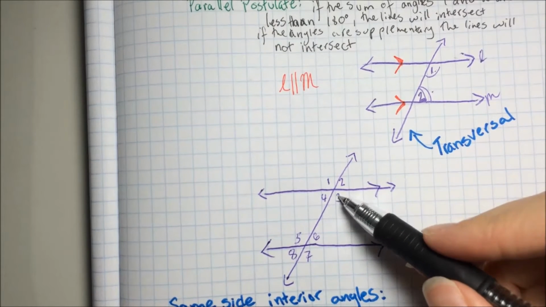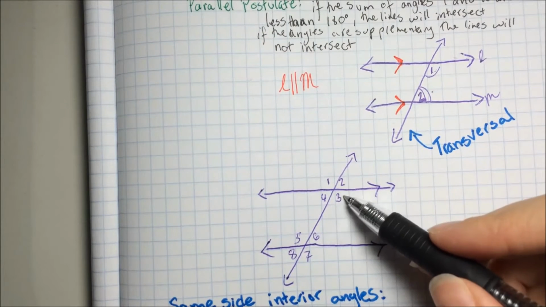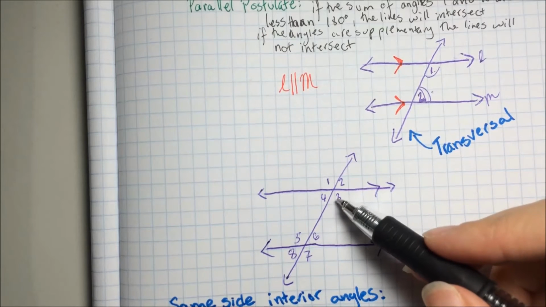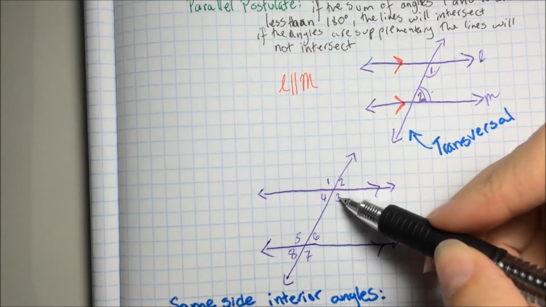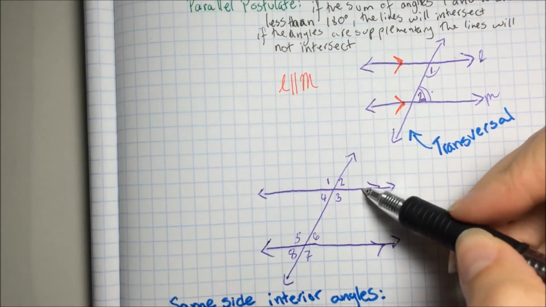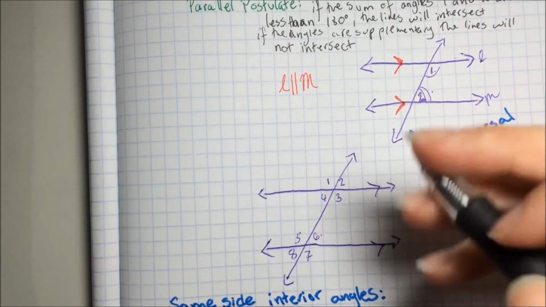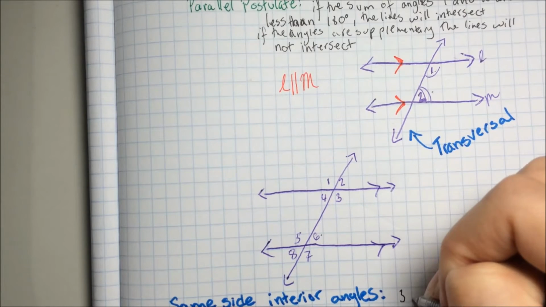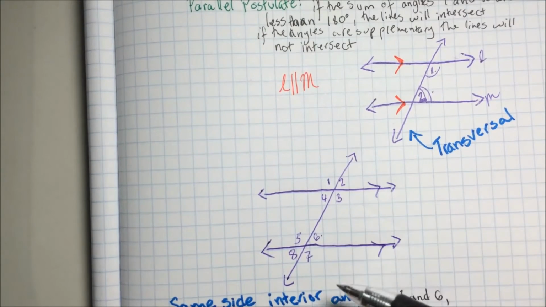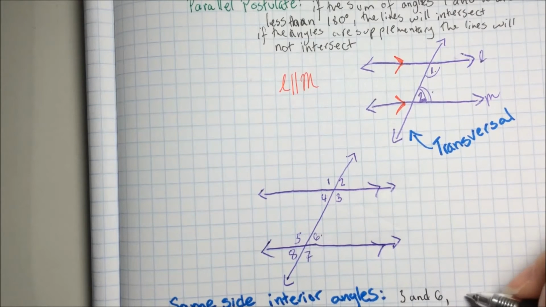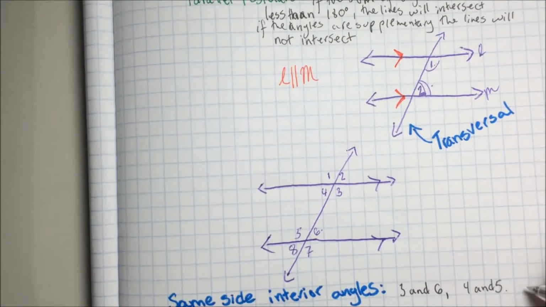So if I'm looking at 3, the other angle would be on the same side of the transversal. And interior means it's in between the two parallel lines. So the other angle that's on the same side of the transversal and in between the two parallel lines is 6. The other pair that's same side interior are 4 and 5. Okay? And same side interior angles are supplementary.